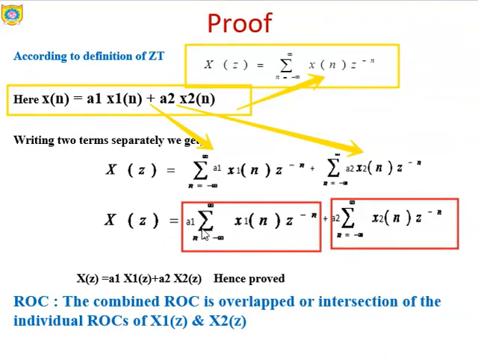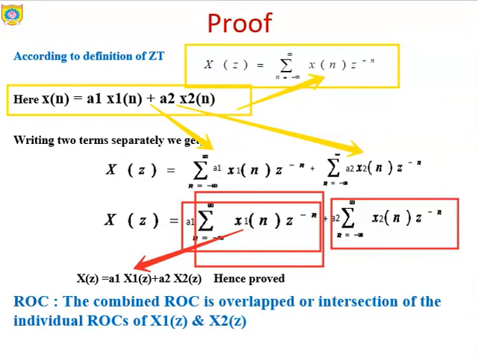If a1 and a2 are taken outside the summations, what is the resultant value we expect other than a1? It is the summation x1 of n z raised to minus n, which is nothing but X1 of z. So this entire quantity can be simply written as capital X1 of z.